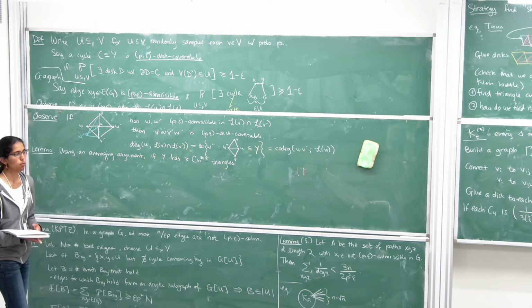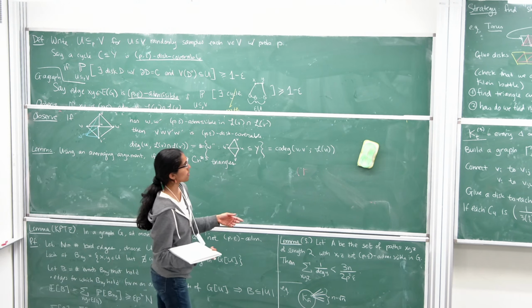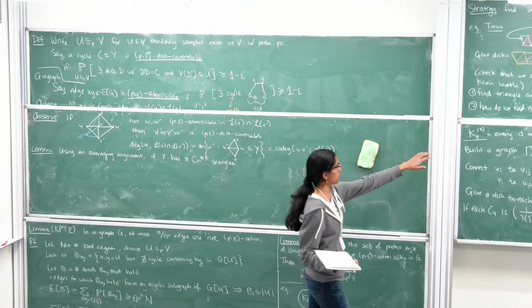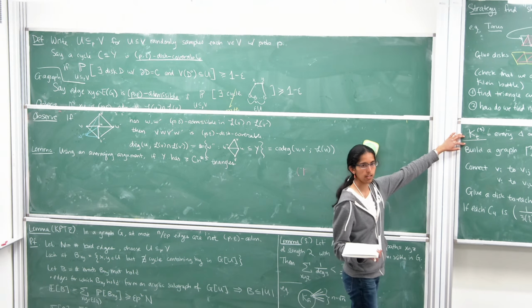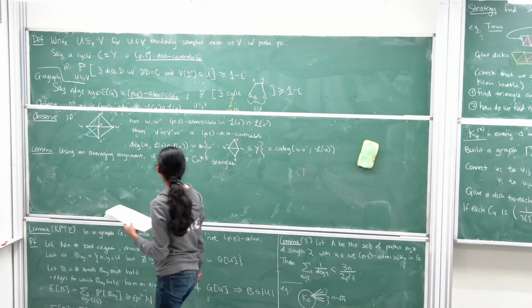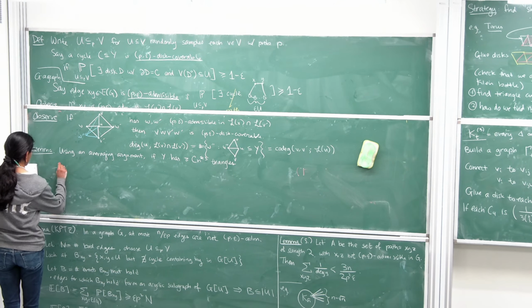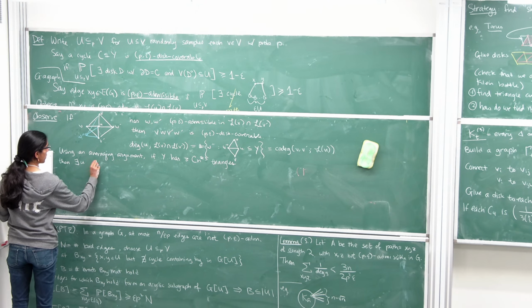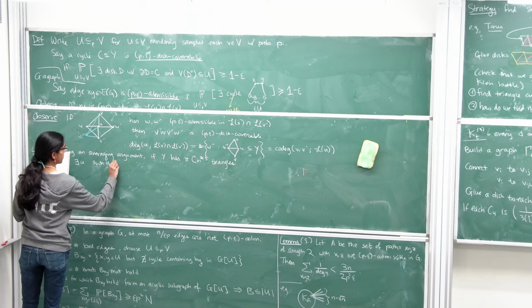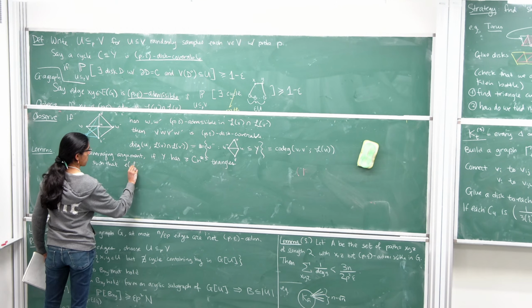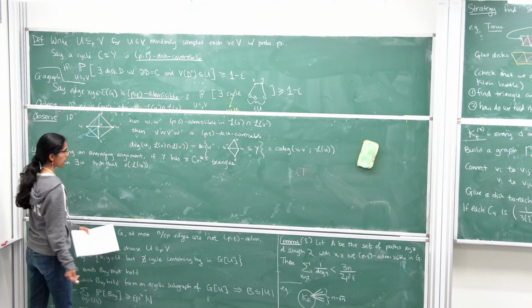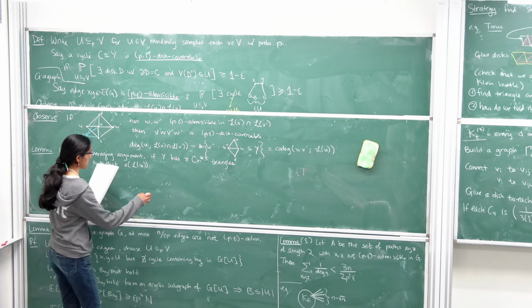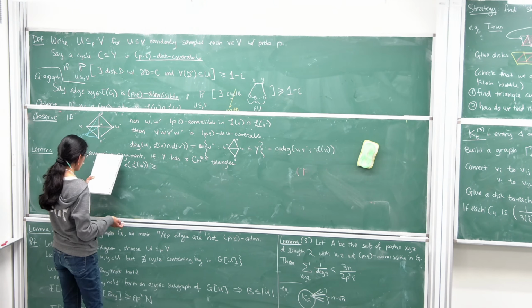This is just the form that one would need for this bound, getting n to the 8/3 here. If y has at least this many triangles, then there exists a vertex u such that the link graph has close to the average number of triangles.